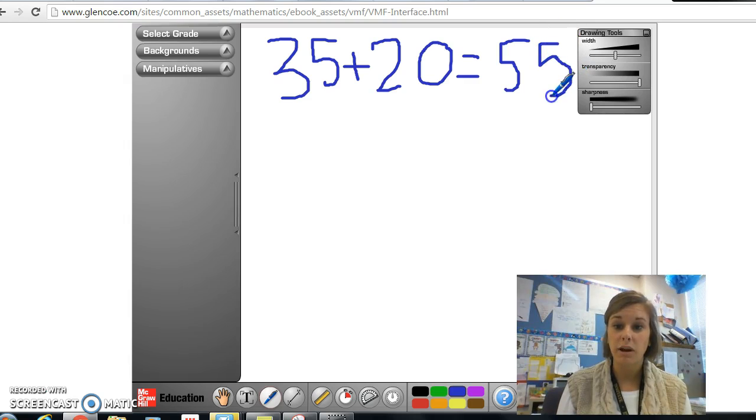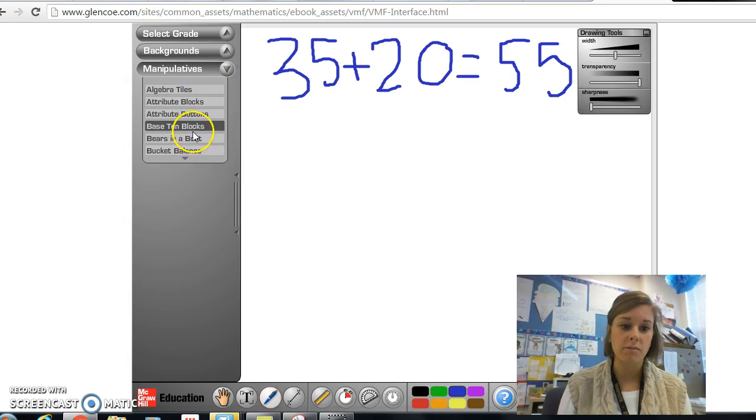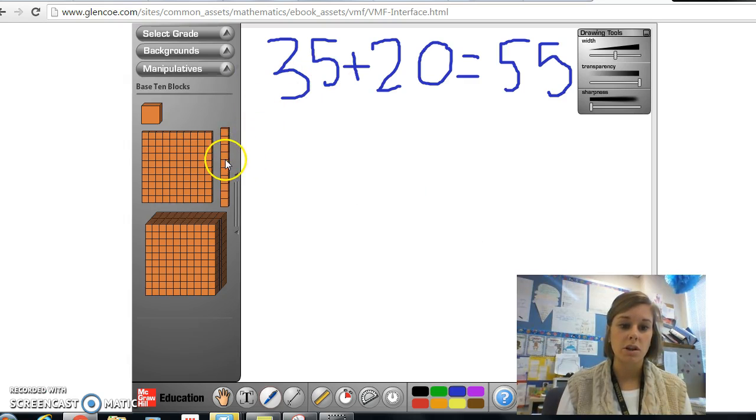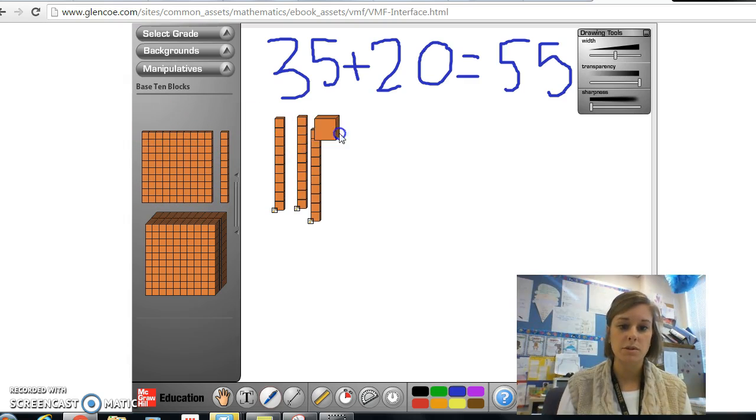Now let's say I didn't know how to count up by tens. I could use my rods and cubes to help me. So I would build 35, so 3 rods and 5 cubes. And then to make 20, I'm going to need 2 rods.